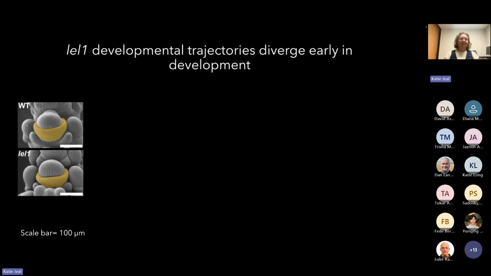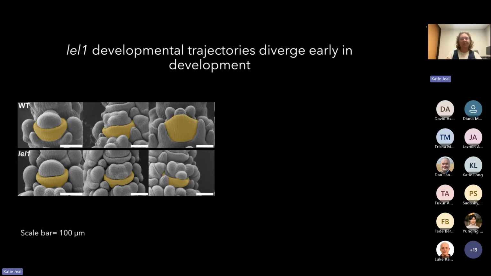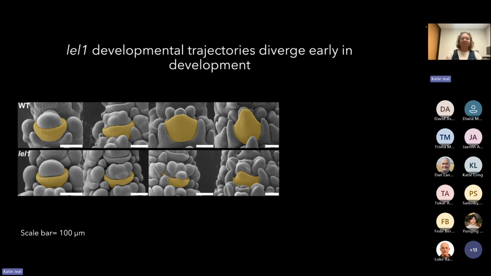So when we look at early inflorescence development, here the lemma is false colored in orange. We find that early lemma primordia follow the same developmental stages and look very similar. But as the stamens begin to differentiate, we first begin to see quite the difference. The leafy lemma inflorescence is much more compressed, and the lemma body less developed compared to wild type.